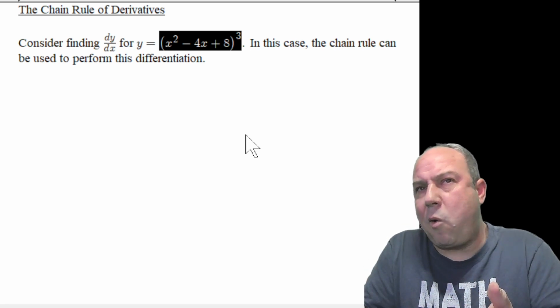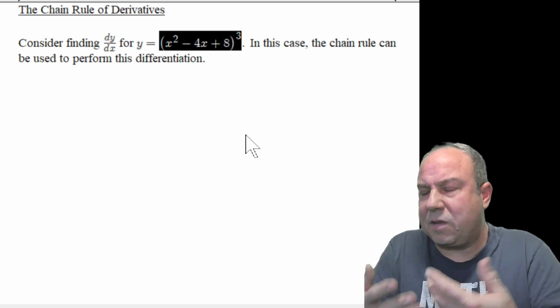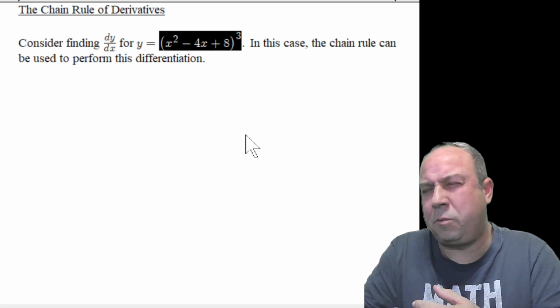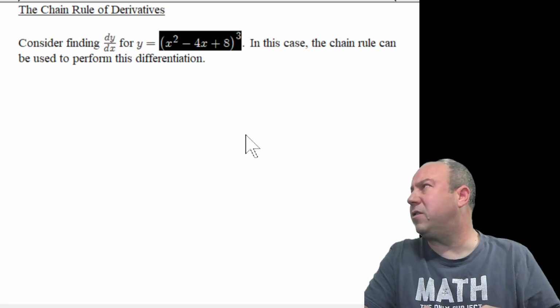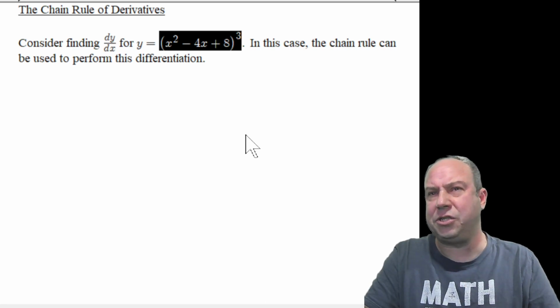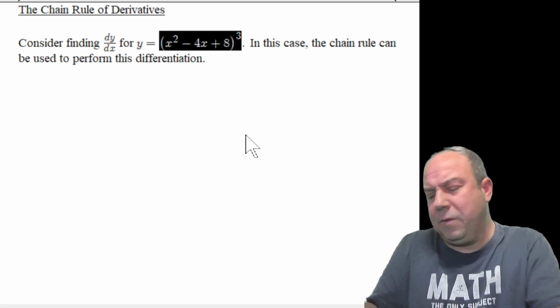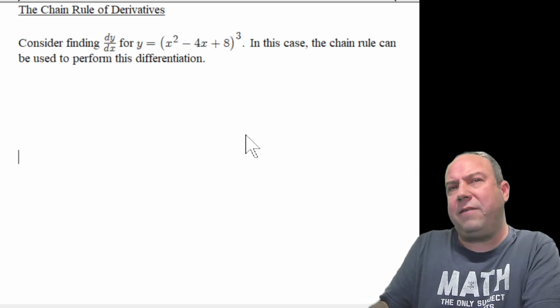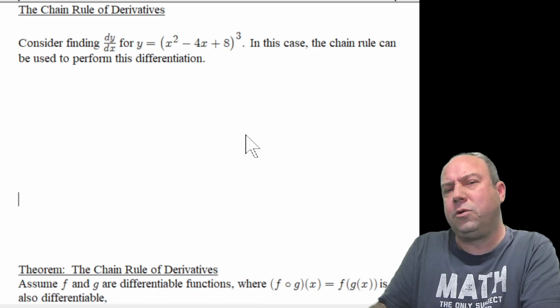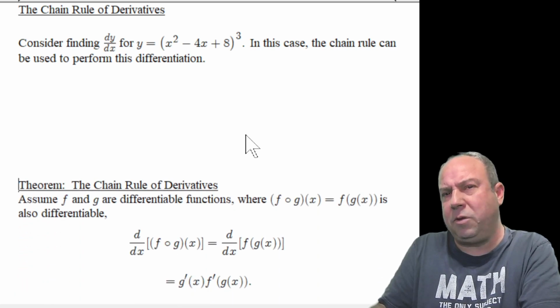If we want the derivative of a sixth degree polynomial, we know that's going to be a fifth degree polynomial, and returning that fifth degree polynomial to a factored form could be a tricky operation. So, as an alternative to expansion and using our fundamental rules on that sixth degree polynomial, we have what we call the chain rule.